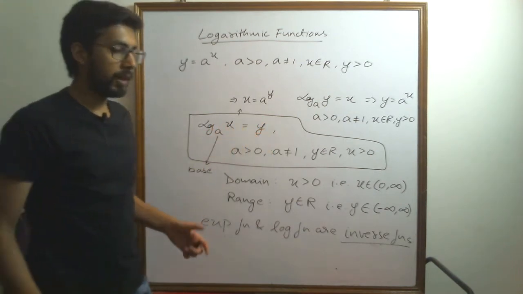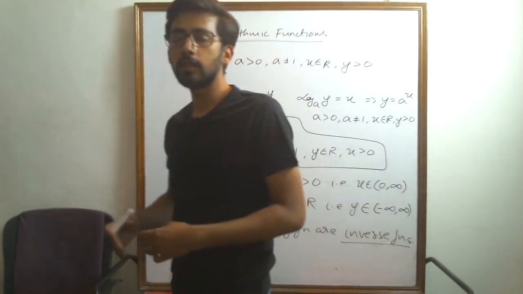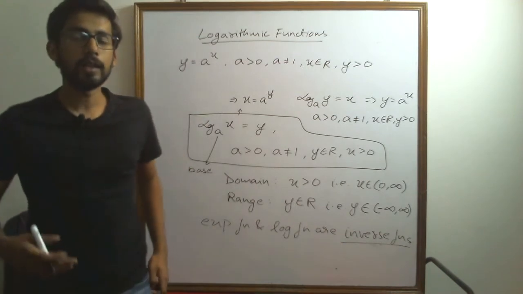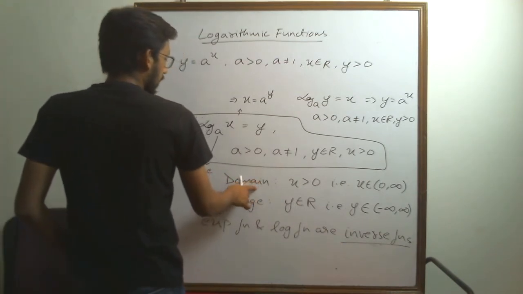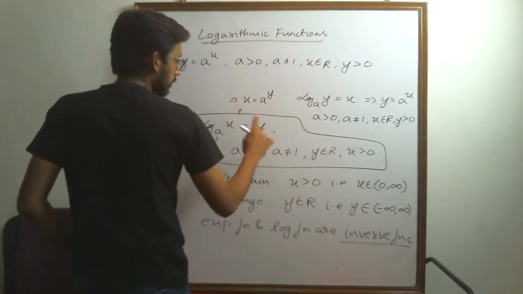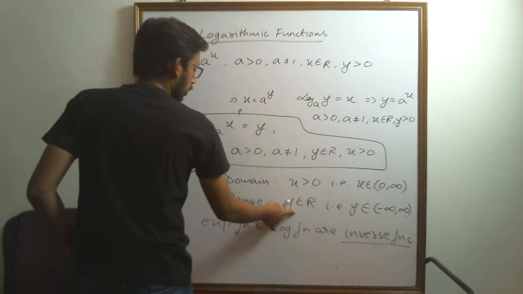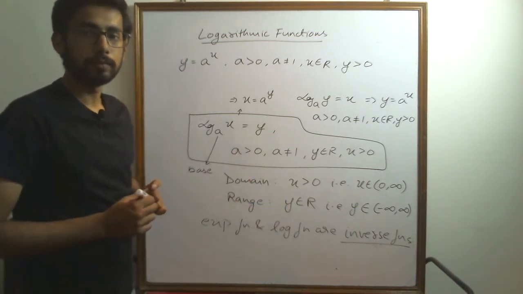So we are basically interchanging the roles of x and y. That's why exponential and logarithmic functions are the inverse functions of each other. That's why the domain of the logarithmic function is the range of the exponential function, and the range of the logarithmic function is actually the domain of the exponential function.